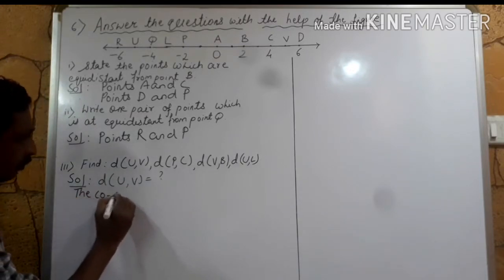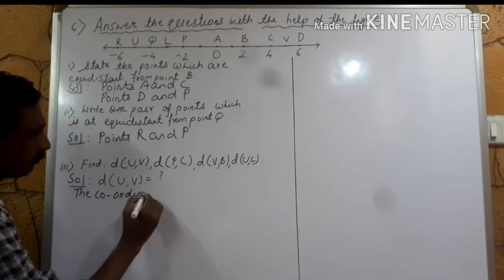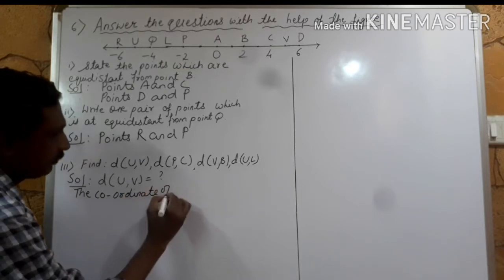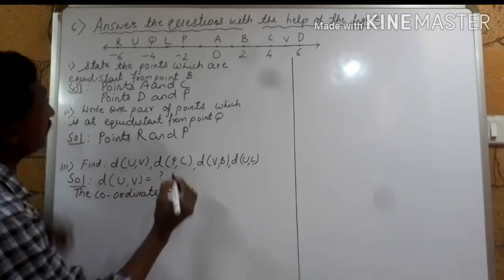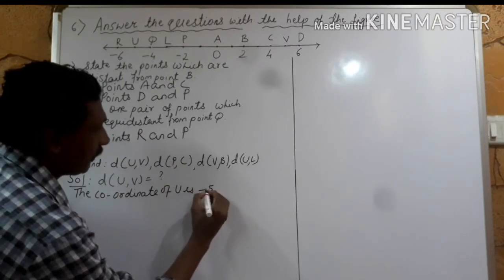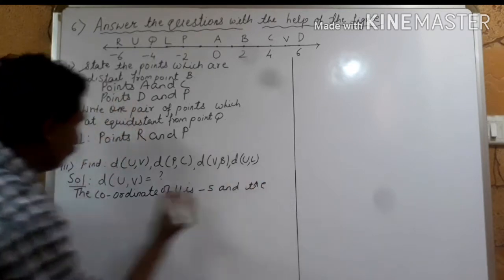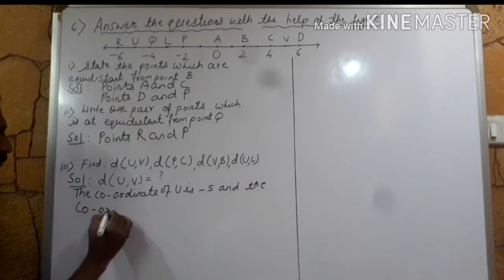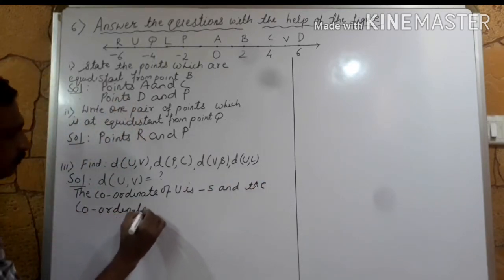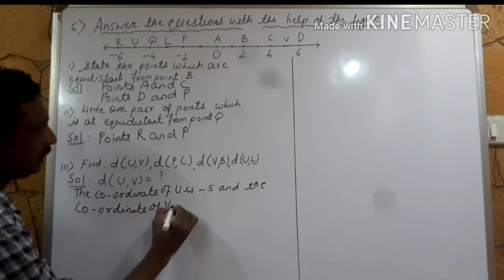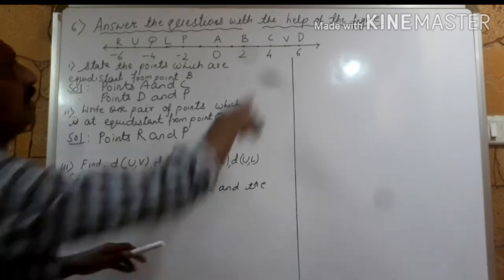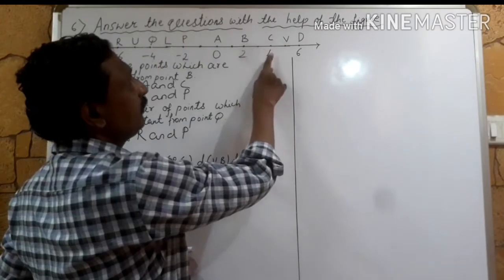-5 and the coordinate of V is, where is V? V is here. 2, 3, 4, 5.